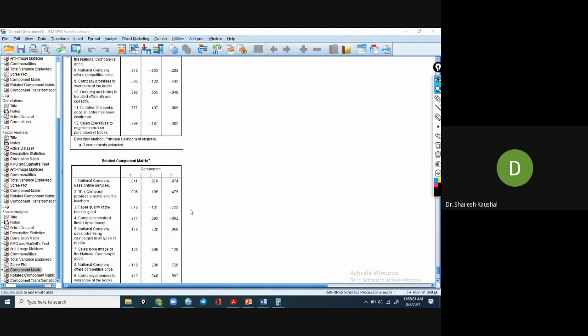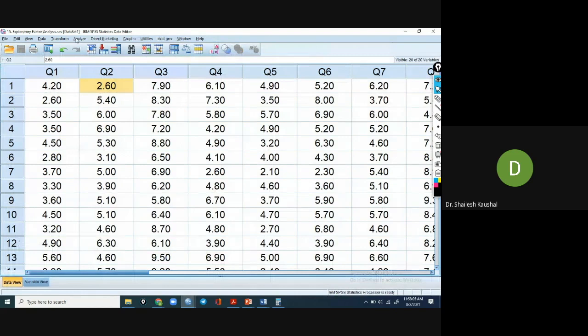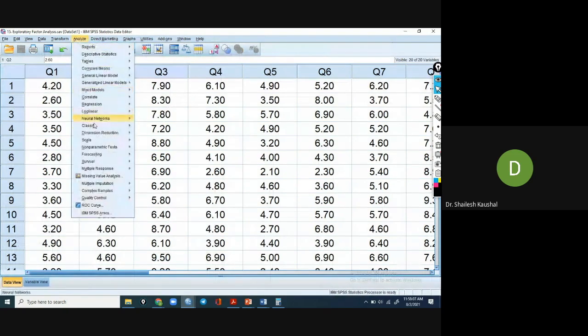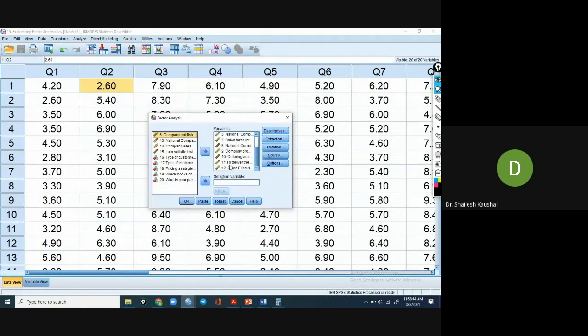After removing, again I am re-specifying my EFA: dimension reduction, factor analysis, removing variable number 9 and 12. And I am removing variable number 2 also. Why?